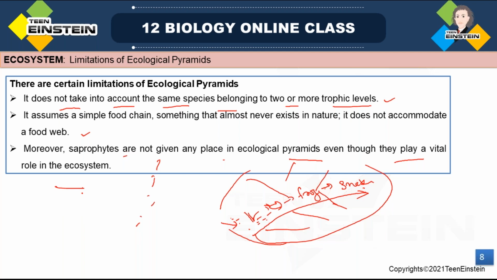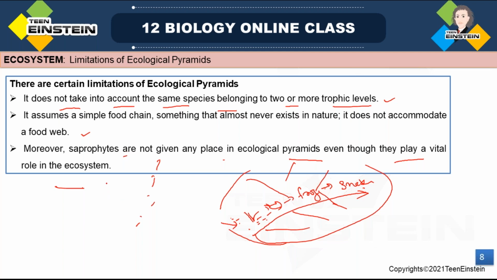What are all the limitations of the ecological pyramid? The first one is that it does not take into account the same species belonging to two or more trophic levels. Then another point is, it assumes a simple food chain, something that almost never exists in nature. It does not accommodate a food web. We are making an ecological pyramid only on the basis of a food chain. Only one chain we are considering. We are not considering a food web.